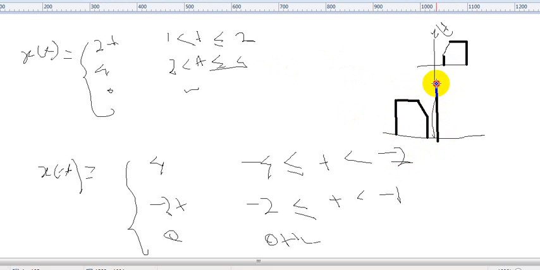If this is the axis, and we rotate this signal, it looks this way, and we get x of minus t. This is how we do the time reversal operation.